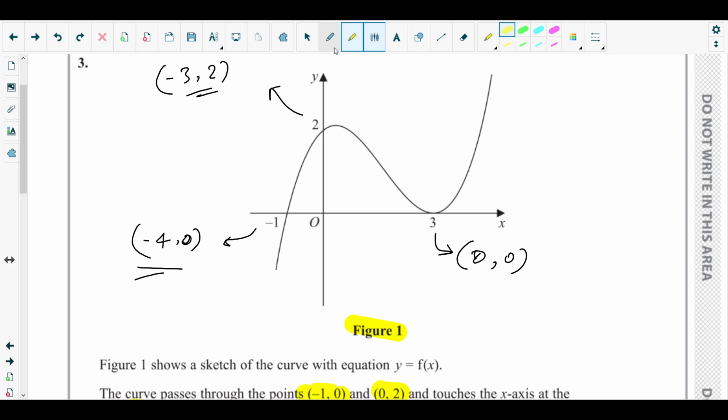So the positive x values will become negative, and the negative x values will become positive. That's why it is a reflection on the y-axis. So it will get reflected on the y-axis.